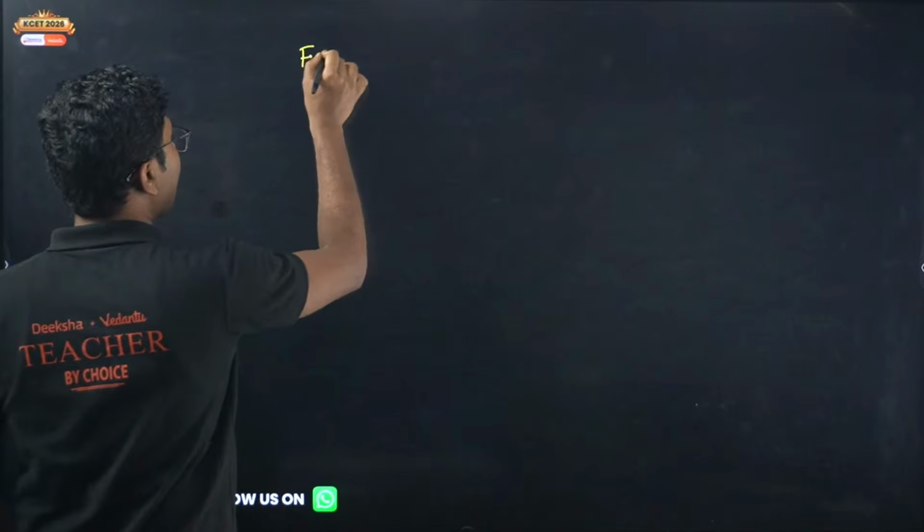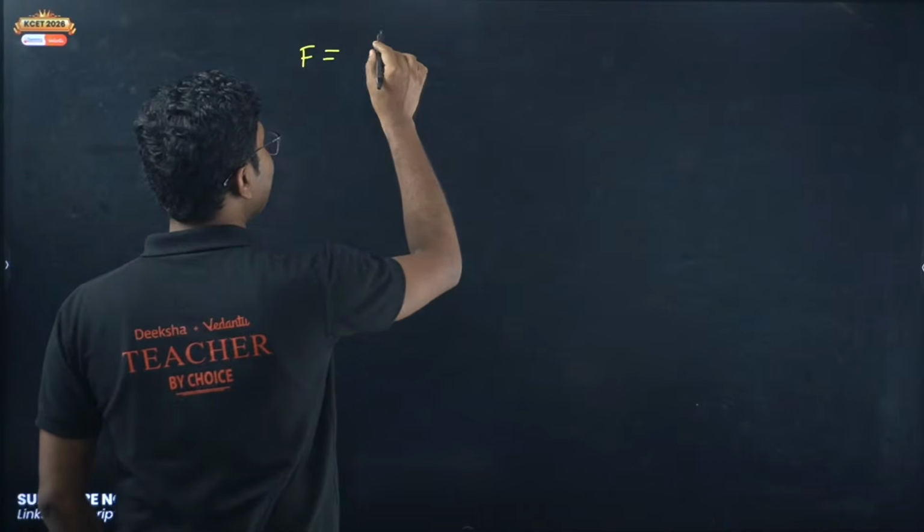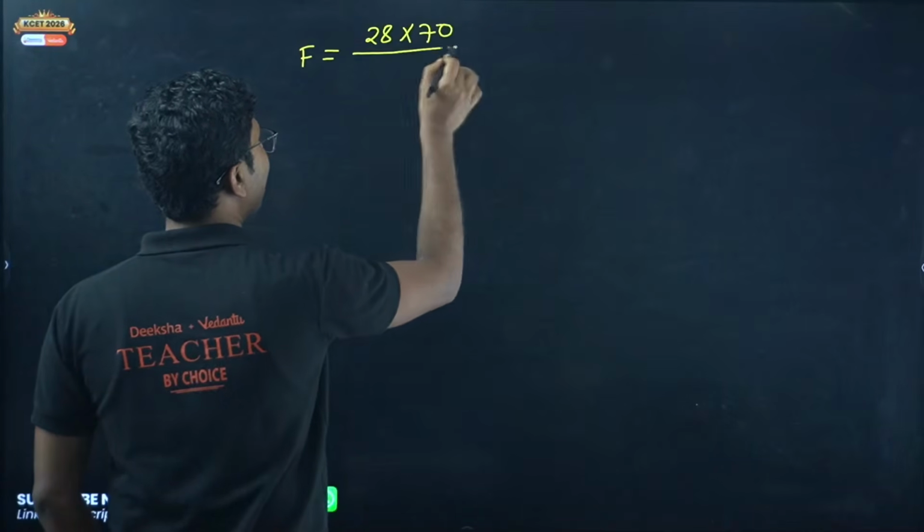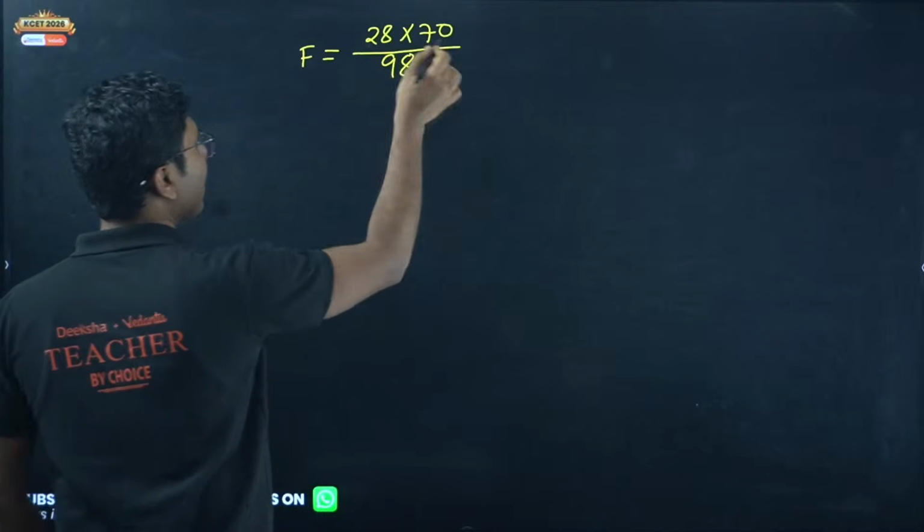So what is the equivalent focal length? Equivalent focal length is 28 into 70 divided by 98, the addition of these two.